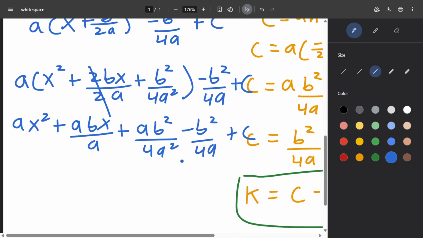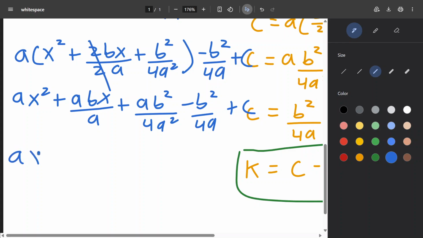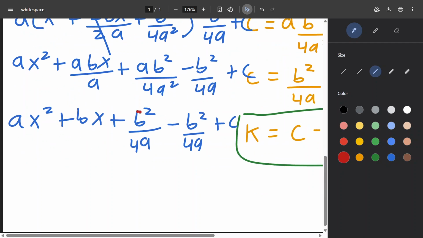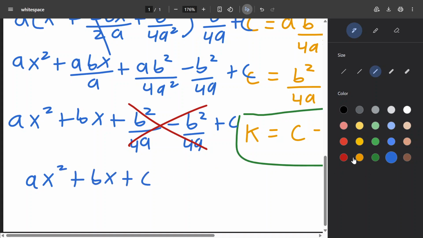All right, some more things can cancel. ax squared plus bx plus b squared over 4a minus b squared over 4a plus c. Oh, and would you look at that, these two terms cancel. So we end up with ax squared plus bx plus c.